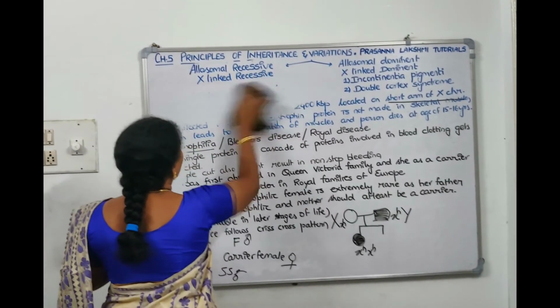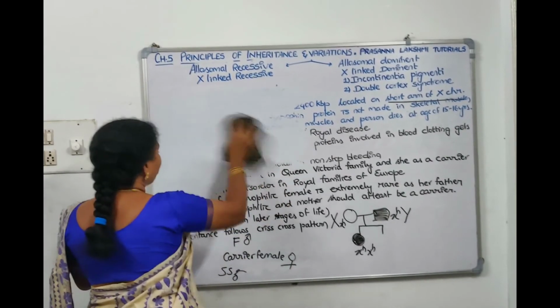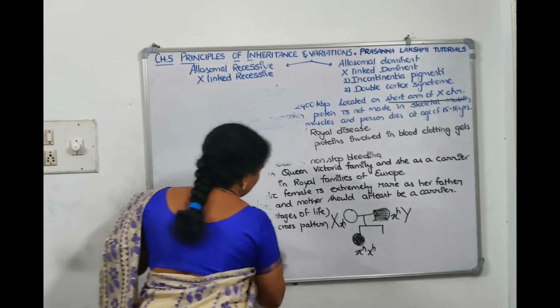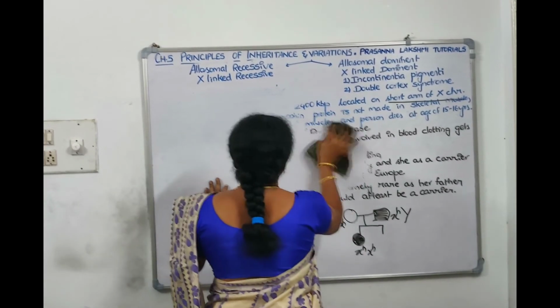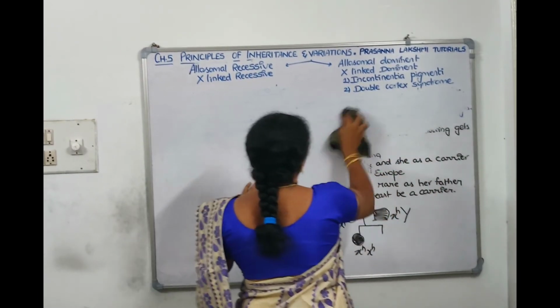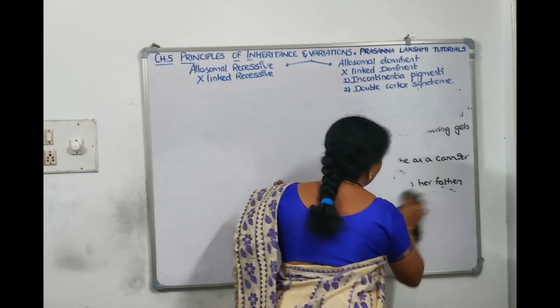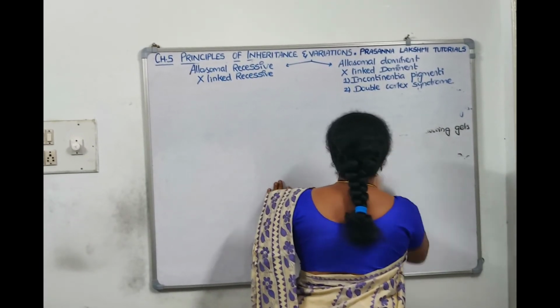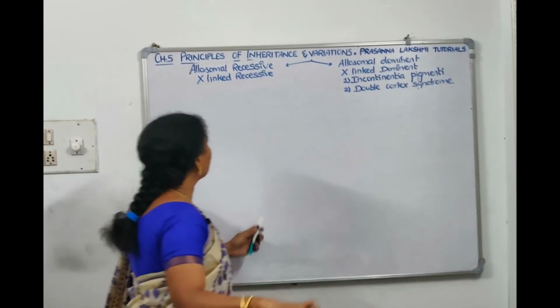There are two types of hemophilia: hemophilia A and hemophilia B, depending upon which blood clotting factor is affected. In hemophilia A, blood clotting factor 8 is not synthesized. In hemophilia B, blood clotting factor 9 is not synthesized.